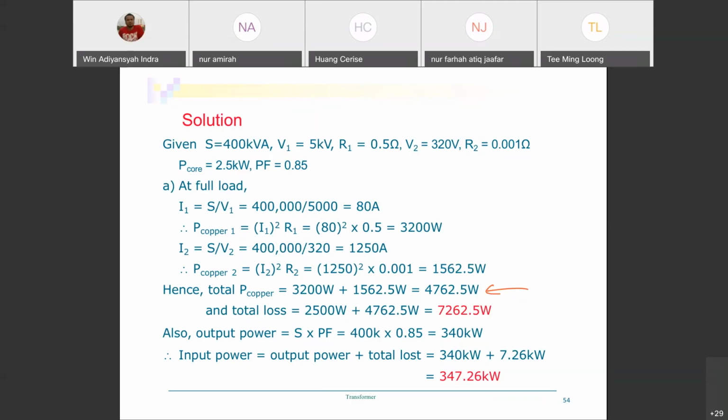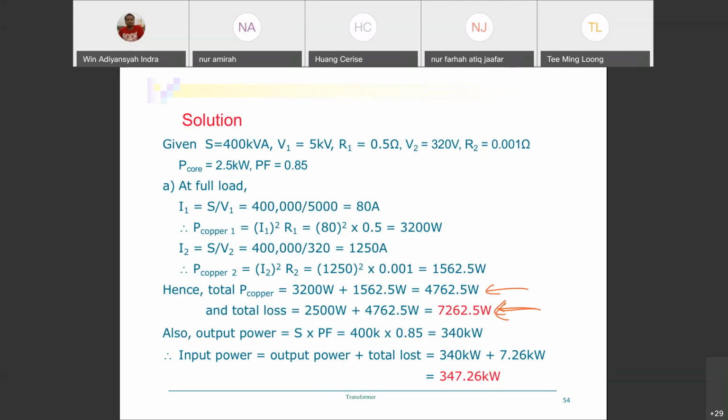So the total loss will be iron loss, which is the core, plus copper loss. So this one is total loss. Okay. So the output power will be apparent power multiplied with power factor.